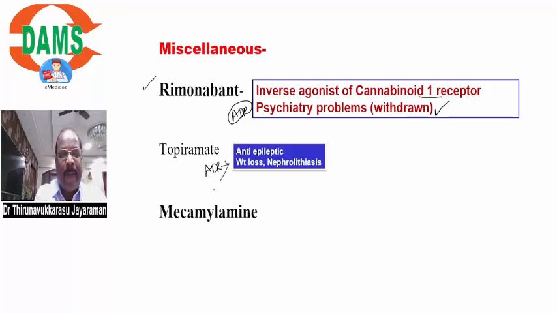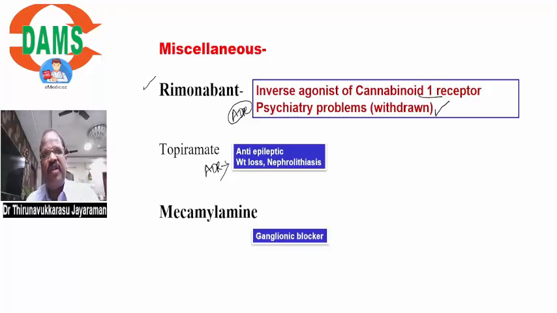This is an important point. The most common adverse effects of topiramate are weight loss and kidney stones. Mecamylamine, a ganglion blocker, has the property of controlling smoking habit. But for the most effective drug to control smoking, think of varenicline.